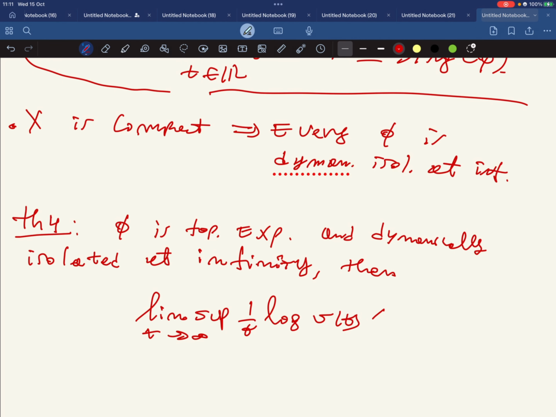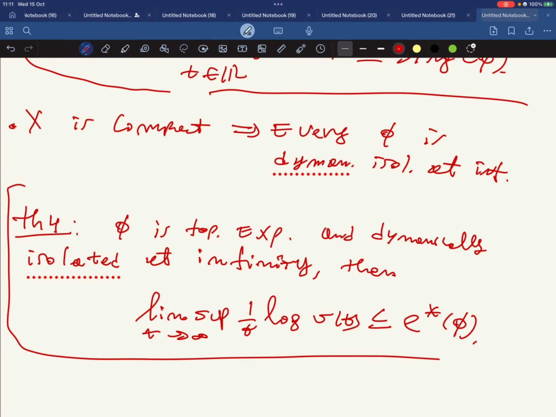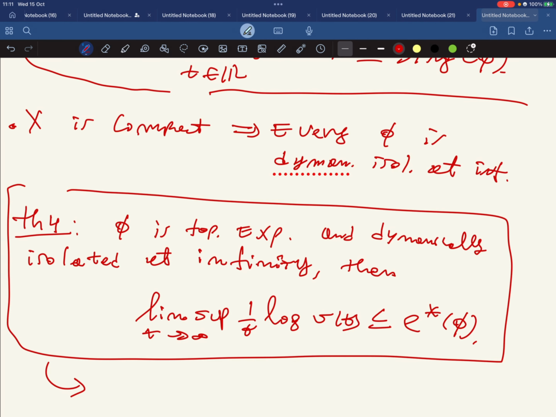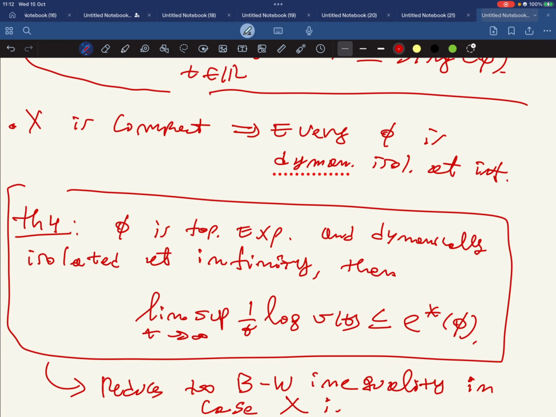The growth rate of the periodic orbits is controlled by A star of the flow. Of course, this Theorem 4 reduces to the Bowen-Walters inequality in the case X is compact.